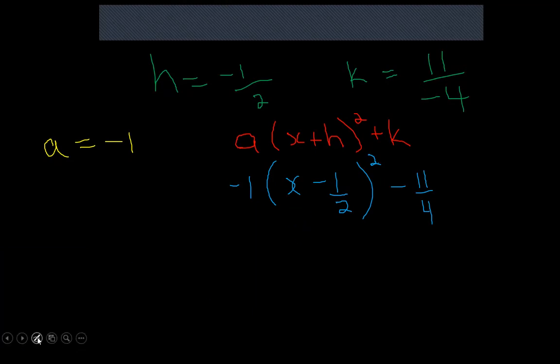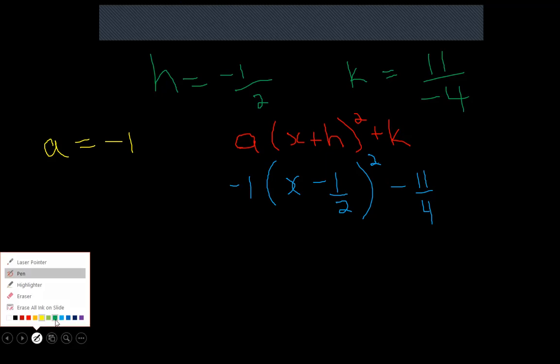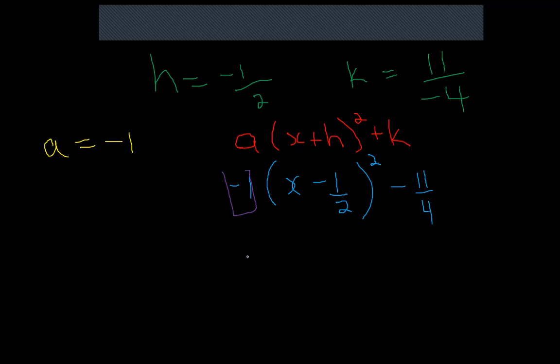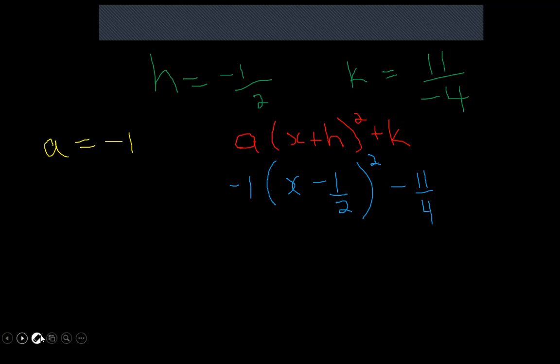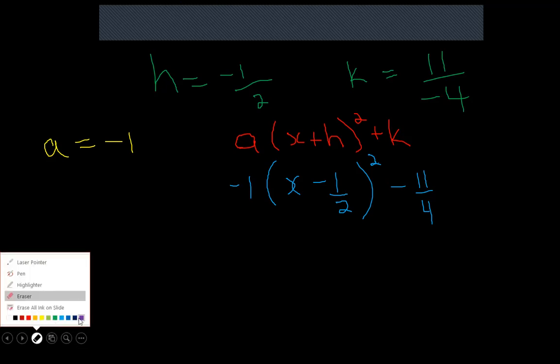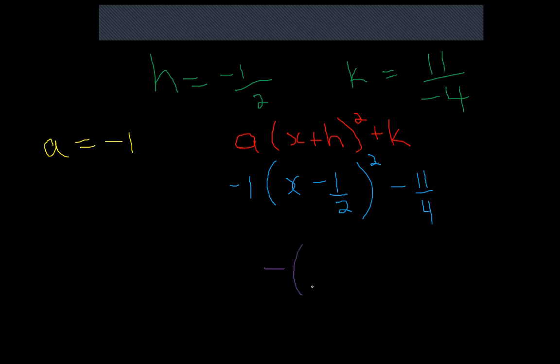Let me just make one thing clear though. See this minus 1 here? You didn't have to write minus 1. If you wanted to, you could just write it like this instead: negative (x minus a half) squared minus, and so on.